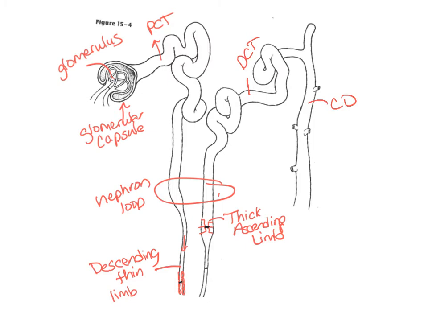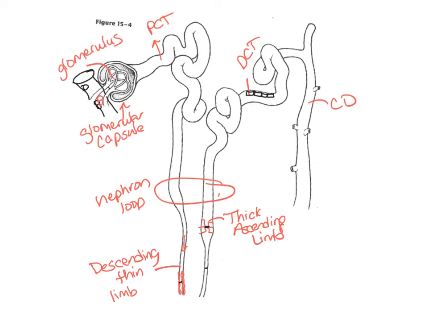It bends over on itself, so I'll be drawing in some little cells here that are lining that distal convoluted tubule. Because it's bent over, those cells in the distal convoluted tubule will actually be over here, coming in contact with this afferent arteriole and with cells of the afferent arteriole.